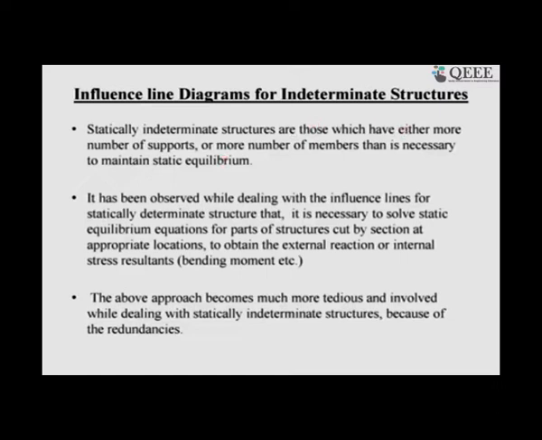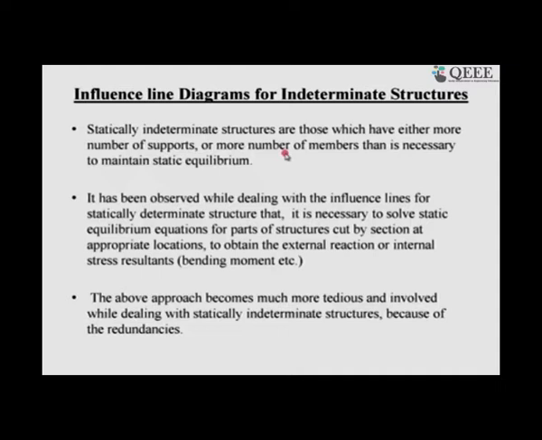In fact, more supports give rise to external indeterminacy. So, a structure can be internally determinate, but externally indeterminate. Other way around, a structure can be internally indeterminate, but externally determinate. That means you may sometimes be able to solve the reaction forces, but not the member forces of the truss or internal stress resultants, or you may be able to solve for the internal stress resultants or the member forces, but not the external reactions.